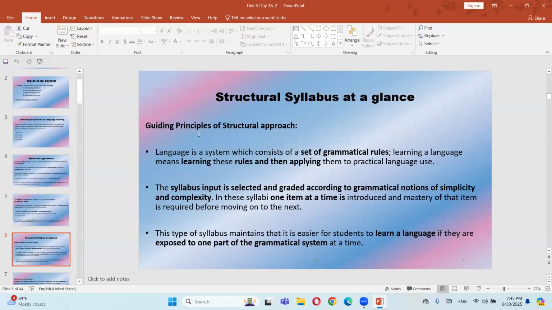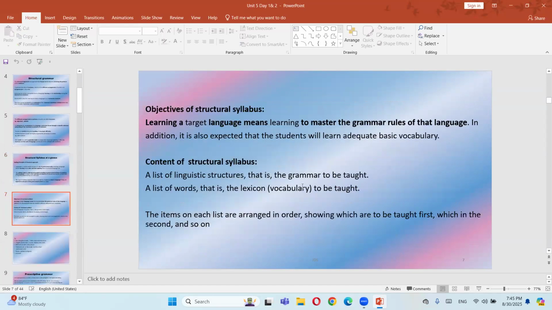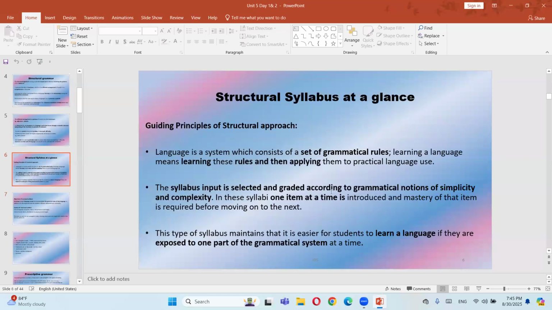According to the guiding principle, you have to teach the grammatical component in context. That is one feature. Look at the second one. In the syllabus, one item at a time should be focused. You can't teach more than one component at a time.